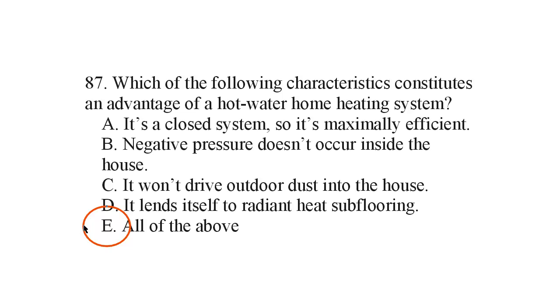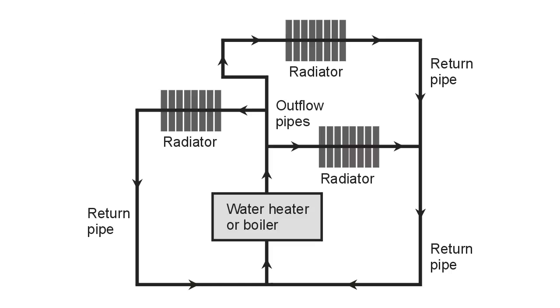Let's look at a simplified schematic diagram of a hot water home heating system. What we have here is a water heater. This diagram can also apply to a steam home heating system.